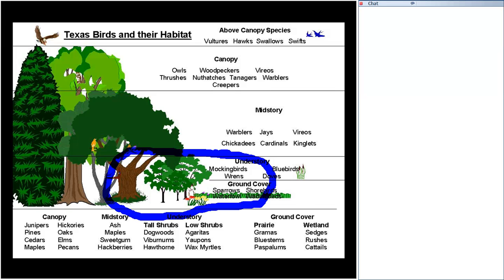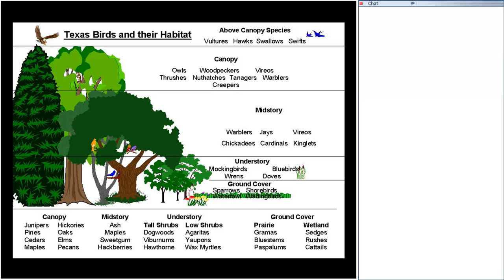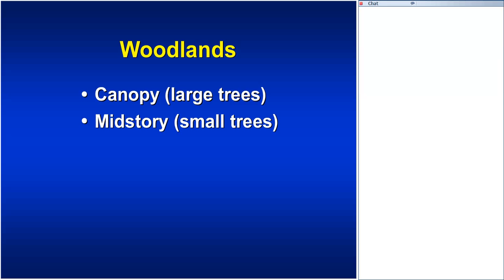So let's talk about woodlands a little bit. And canopy or large trees would be sort of the dominant aspect. What would make it a woodland would be large trees and an overstory of a canopy of large trees. And then you have a mid-story of smaller trees, and then we get into understory, shrubs, and as I just mentioned, these are often impacted and lacking, and something that we may want to focus on from a management perspective, including ground cover.